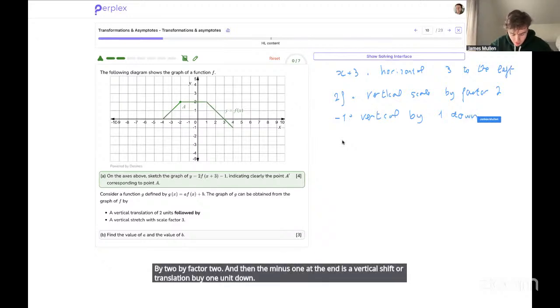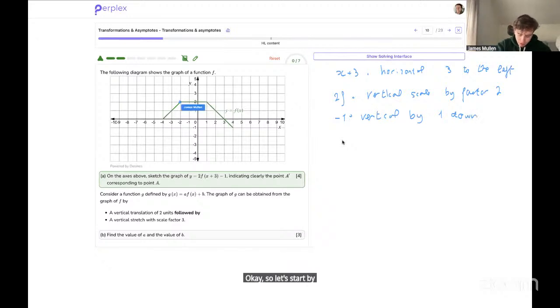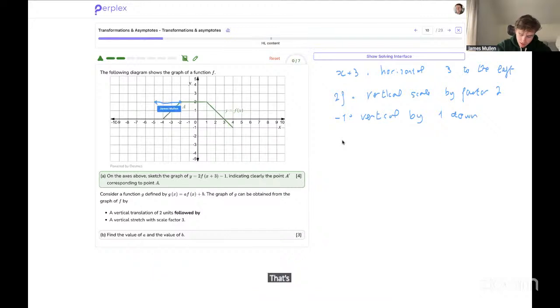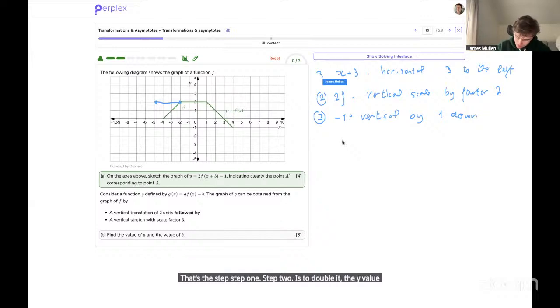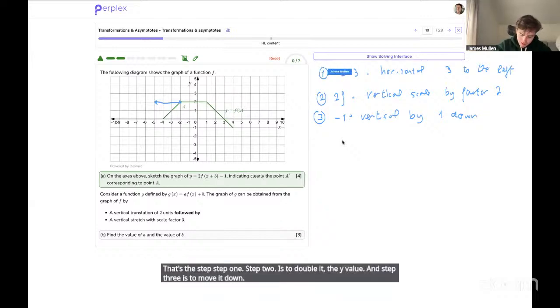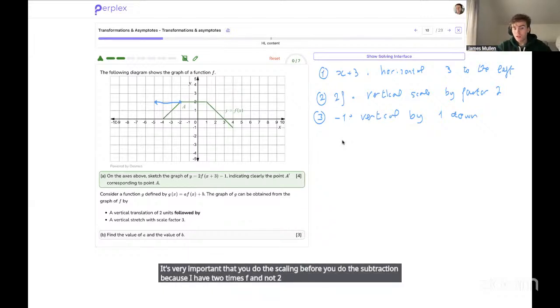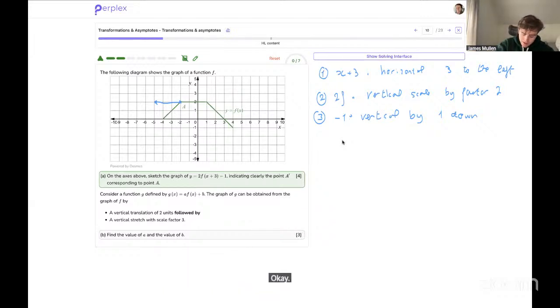So let's start by taking A, and we're going to move it 3 units to the left, so it comes over here. That's step 1. Step 2 is to double the y value, and step 3 is to move it down. It's very important that you do the scaling before you do the subtraction, because I have 2 times f and not 2 times f minus 1. Okay, so now I'm going to take this, it's at y is equal to 2.